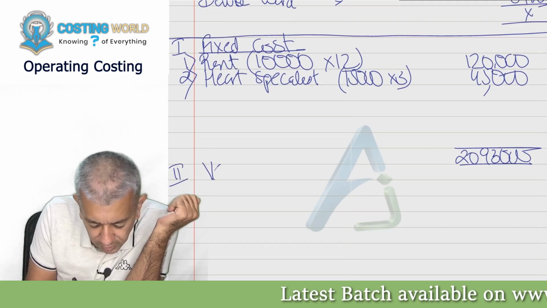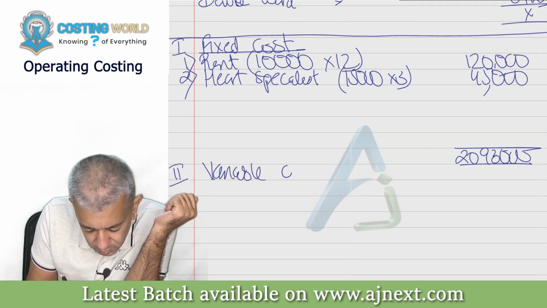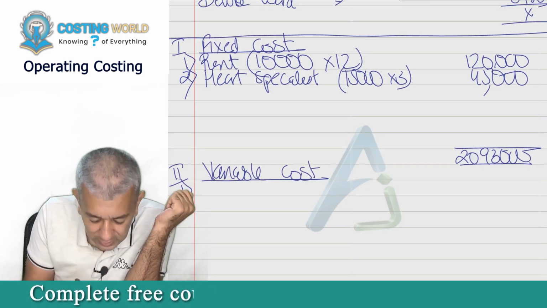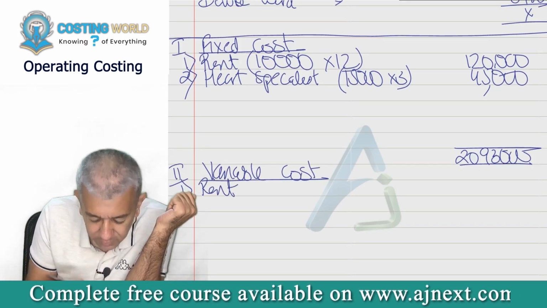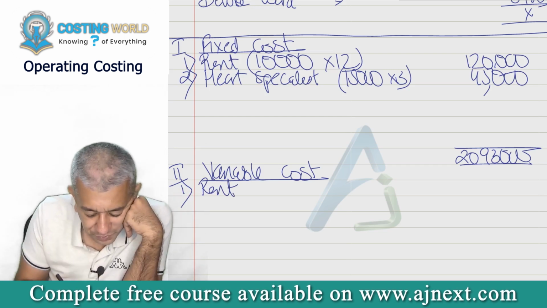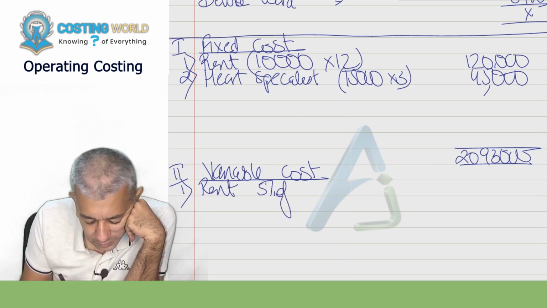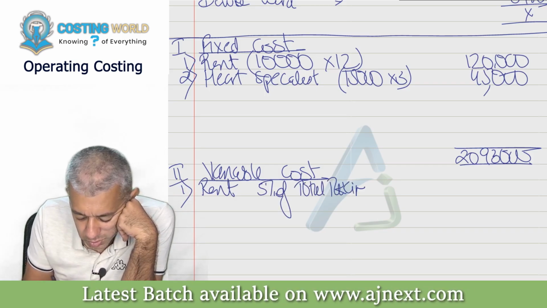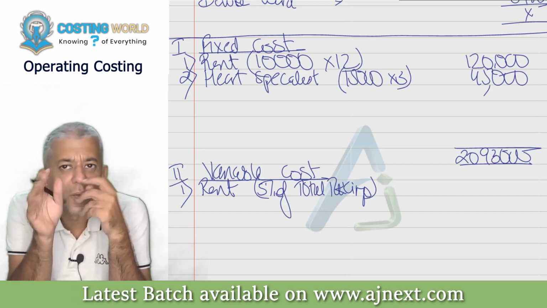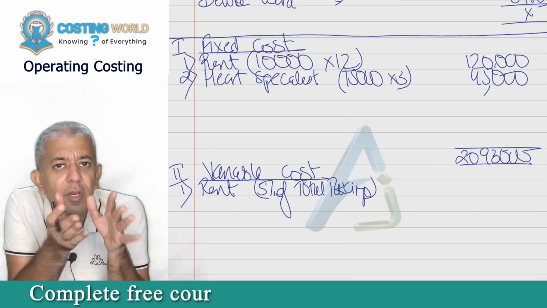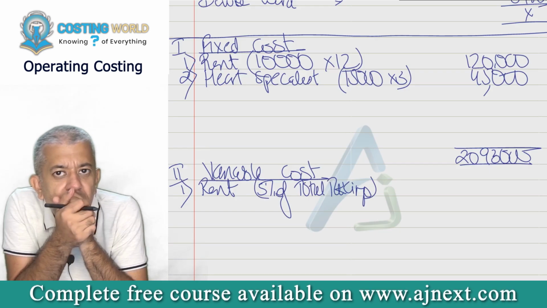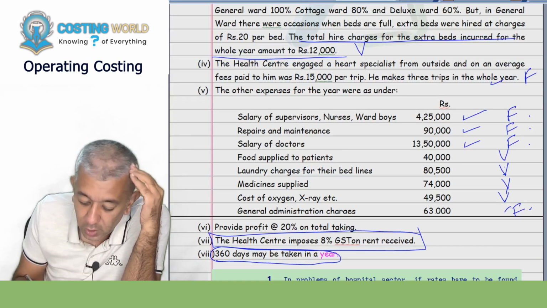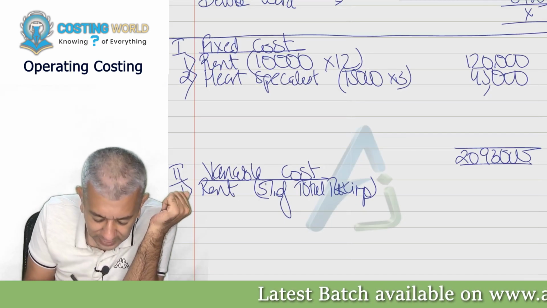Roman number 2, variable cost. Now, this is going to be important. Rent, 5% of total takings. But one thing, we don't know total takings till now. Yes, sir. We don't know that. Okay, so we'll have to wait for this. Let's put all other variable costs. So therefore, one is that hiring charges.